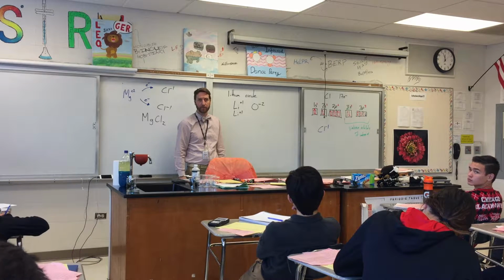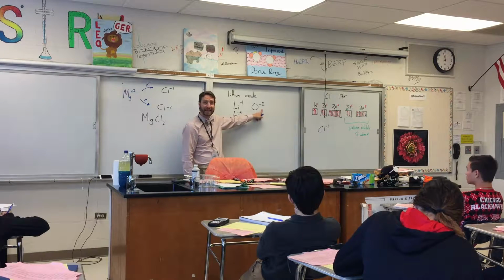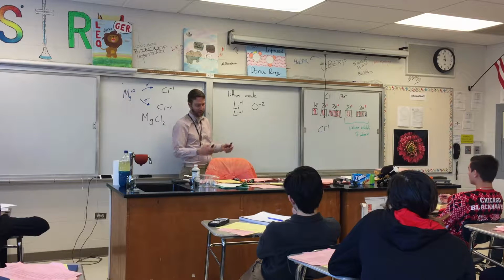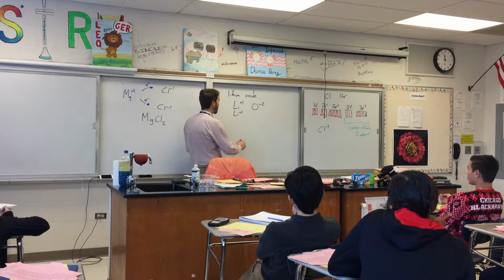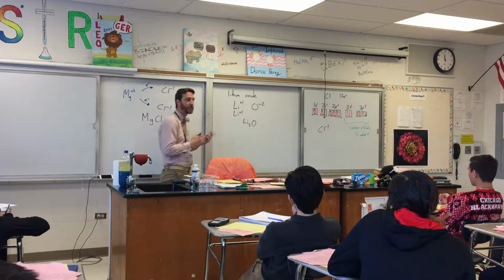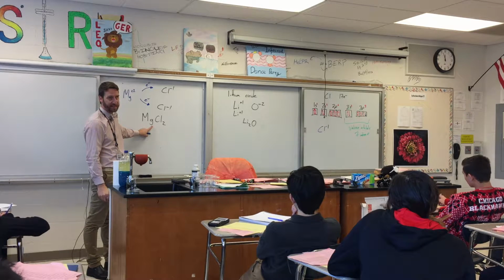Oh, okay, I see, because you have 2 lithiums then. Yes, now the only way it can gain 2 electrons is if there's 2 lithiums, each losing 1 to give it those. So the formula for lithium oxide is Li2O. We need 2 of the lithiums and only 1 of the oxygen. So the numbers are exact opposite as we had for magnesium and chlorine.